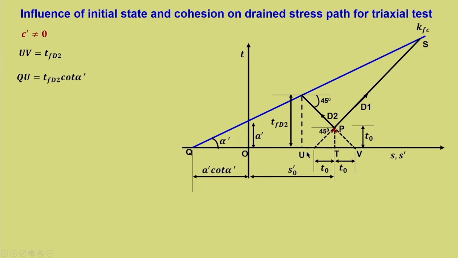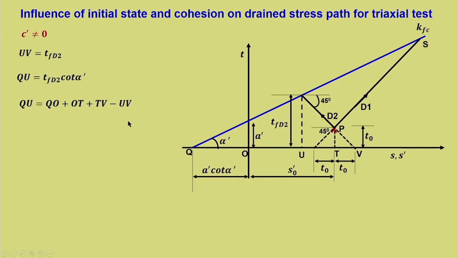QU is equal to TFD2 cot alpha dash. This QU is equal to this one, so that is very clear. We can also write QU is equal to QO plus OT plus TV minus UV, that will give you QU.